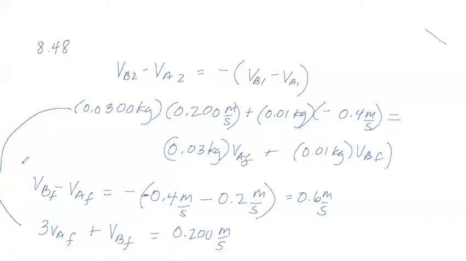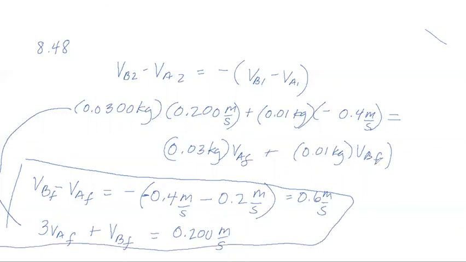If I take these two and subtract one from the other, finally my answer will be V_A final is going to equal negative 0.100 meters per second, and V_B final is going to equal 0.500 meters per second. And that was part one.